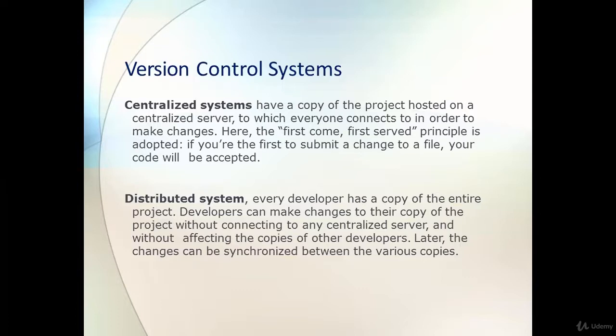Centralized systems help developers to get the code anytime. Centralized system works on first come first serve basis. That means if I have placed my code and I am editing that code in the same file, another user won't be able to do that. So at the same time, only one user can edit the file.